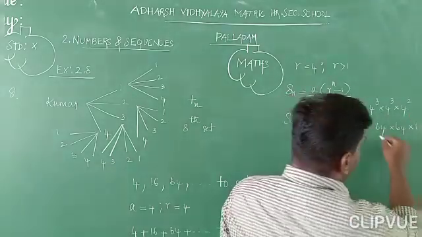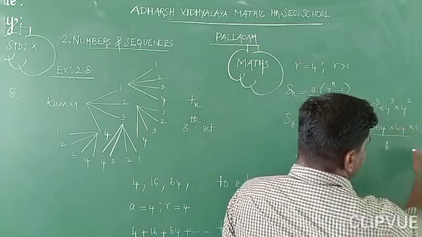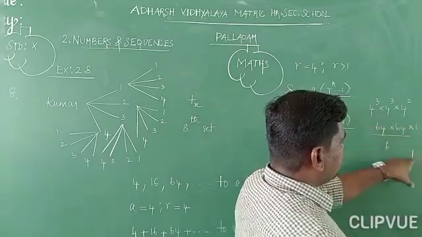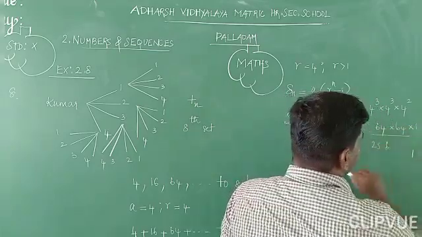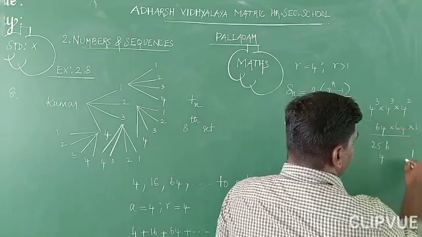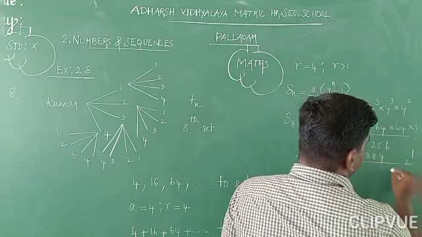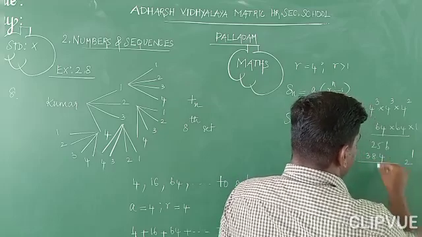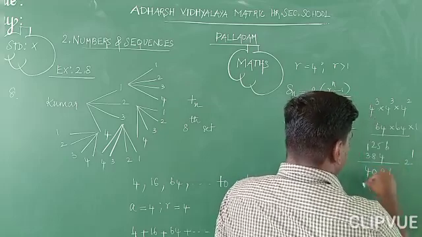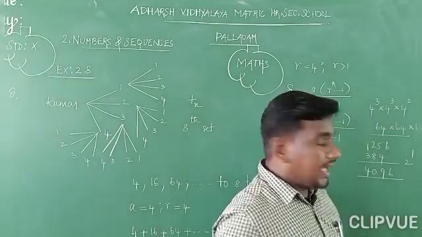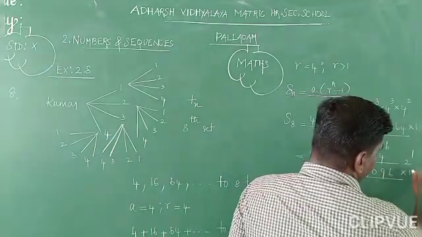First I multiply 64 into 64: 4 into 4 is 16, remaining 1; 4 sixes are 24, plus 1 is 25. Next, 6 into 4 is 24, remaining 2; 6 sixes are 36, plus 2 is 38. So we get 4096. And then multiplied by 16.